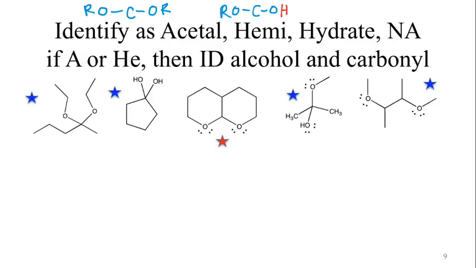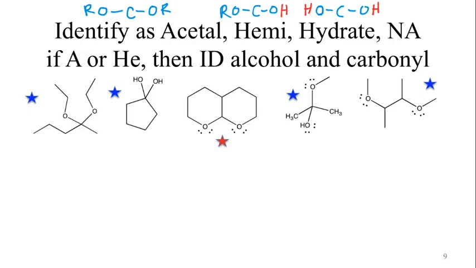When we move to the hydrate, instead of starting our reaction off with an alcohol, we started with water. Okay, so we'll still end up with a carbon with 2 oxygens bound to it, except now, instead of that oxygen having carbons, it's going to have 2 hydrogens on either end. Okay, so what we're trying to do is ignore the rest of the structure and only look for these patterns. Once we've identified these patterns, we can decide what it is.